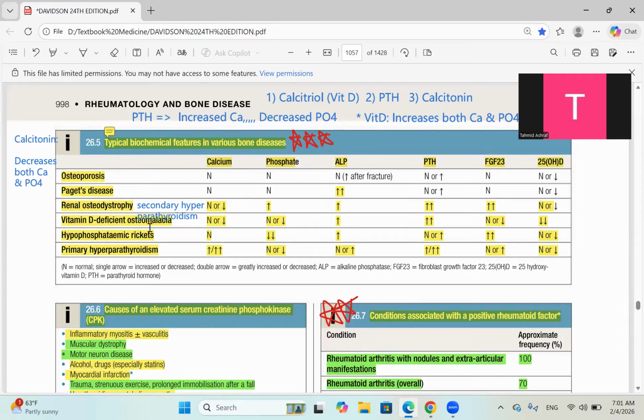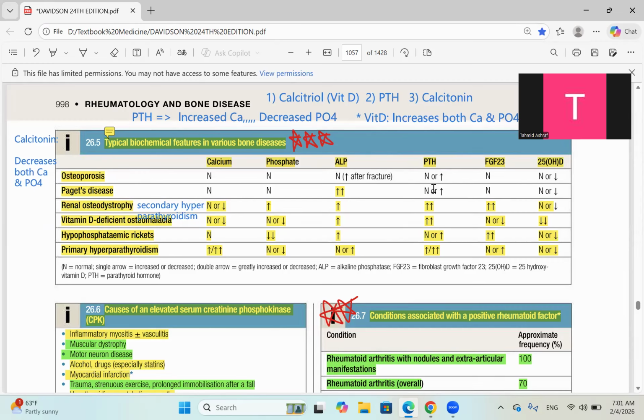So when the kidney has chronic failure, that means chronic kidney disease, the levels of activated vitamin D will decrease. If vitamin D level decreases, blood calcium level will also decrease. As blood calcium level decreases, as a compensatory response, the parathyroid hormone level will increase. This is called secondary hyperparathyroidism.